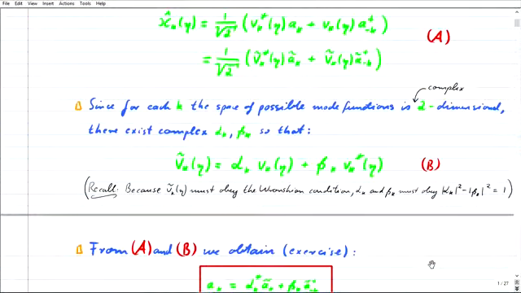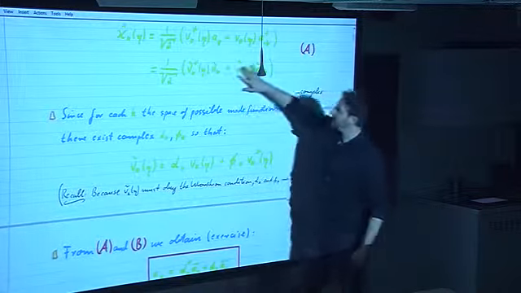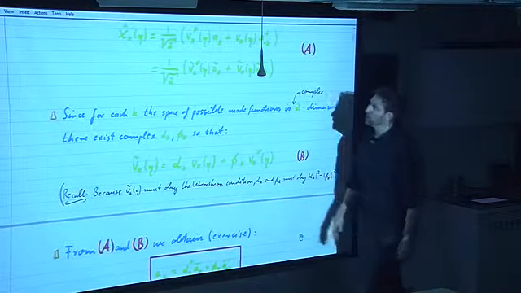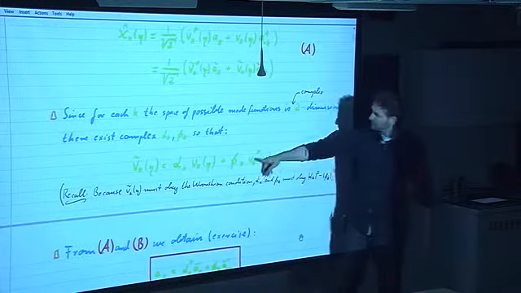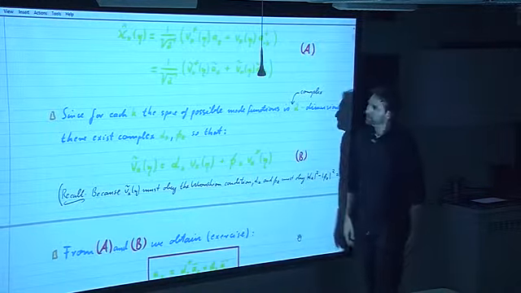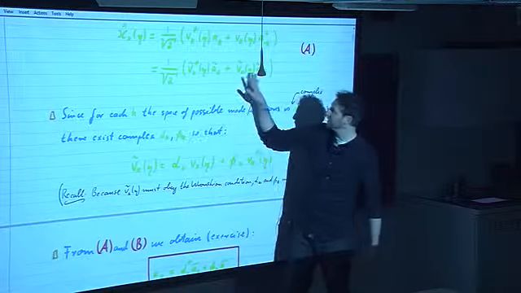Now, we know that the field can be expressed this way or that way, and we know that the V tildes are linear combinations of the V and the V star. Therefore, we can plug that expression for the V tilde and the V tilde star into here.